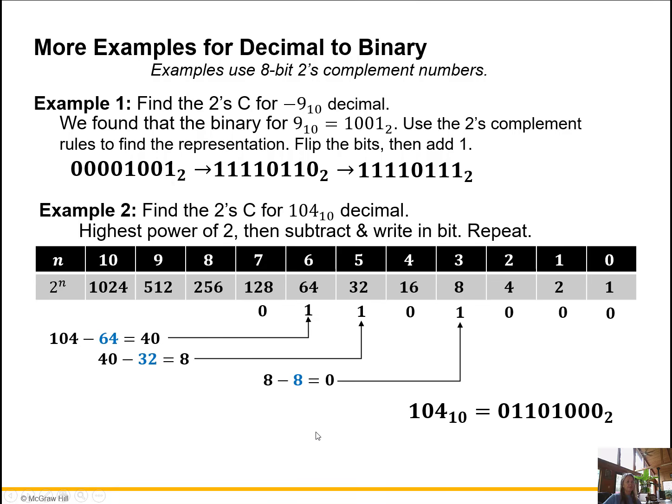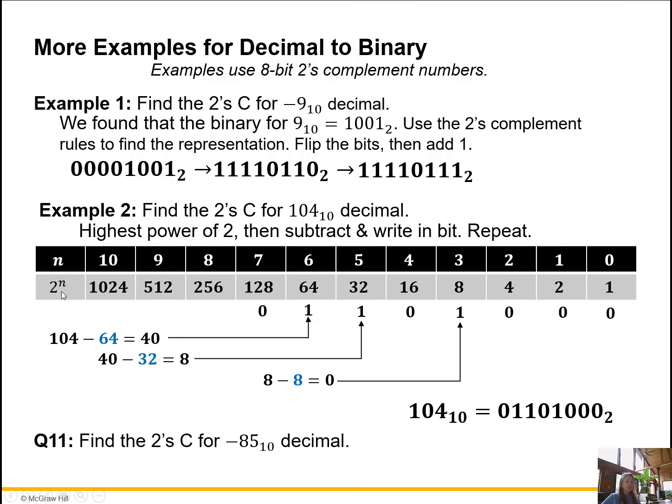Okay, question 2. Let's find the 2's complement for negative 85 as a decimal. This is a quiz question, so be sure and get out your piece of paper and start marking down. All right, let's see. First thing you've got to do is find out what 85 is as binary.